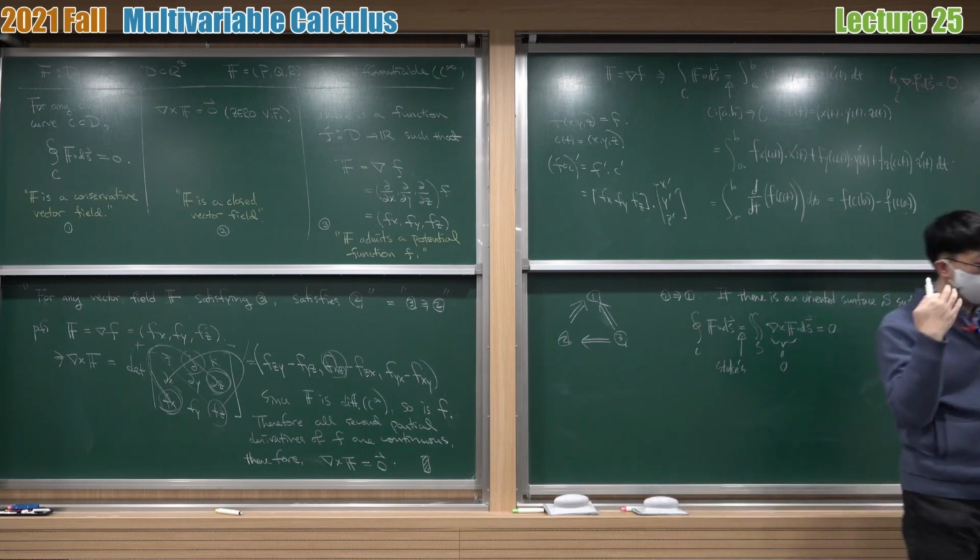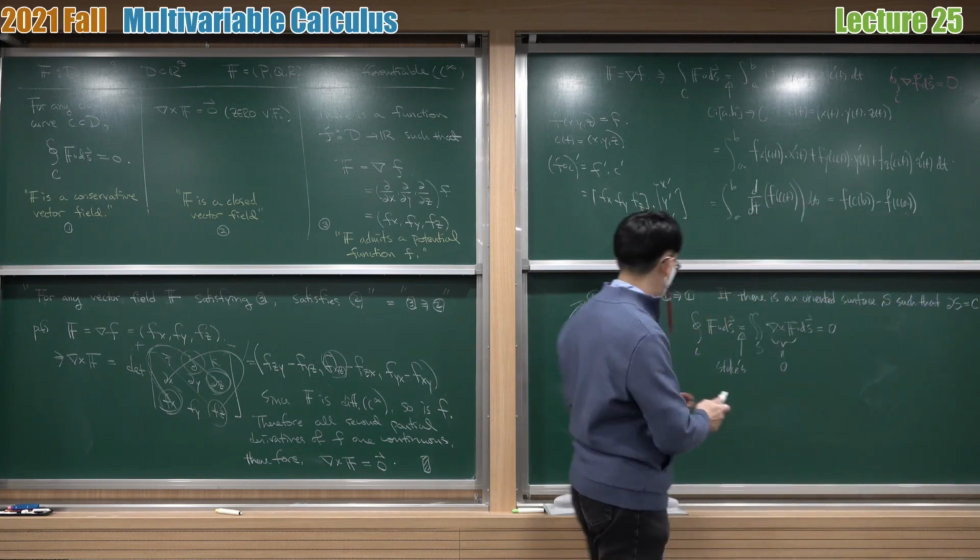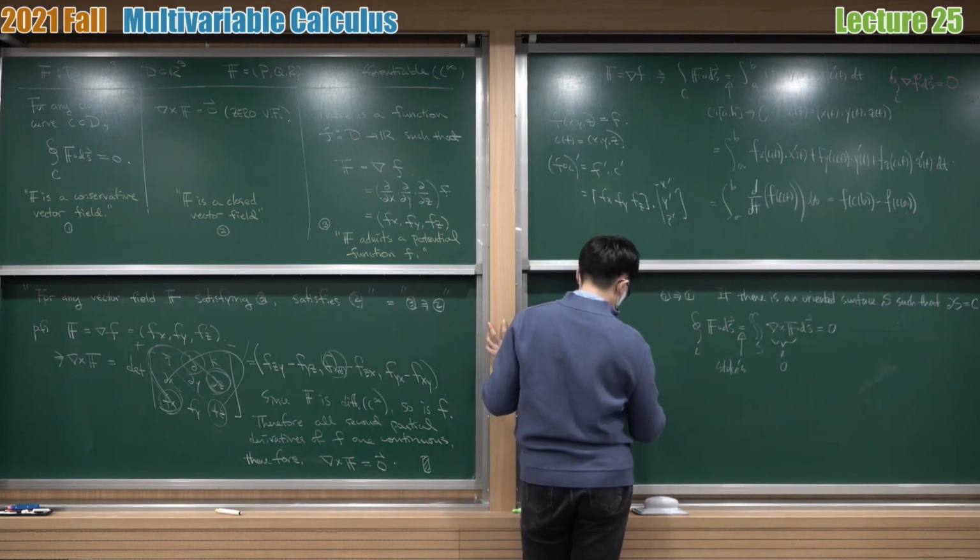But let's think about whether we can find this oriented surface S for any type of curve C. If you simply choose a curve like a circle, then yes, you can find the surface S whose boundary is curve C. But you can make a curve in a really complicated way, right?